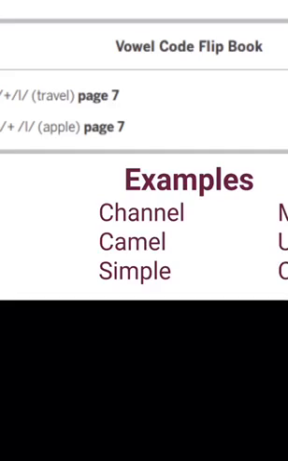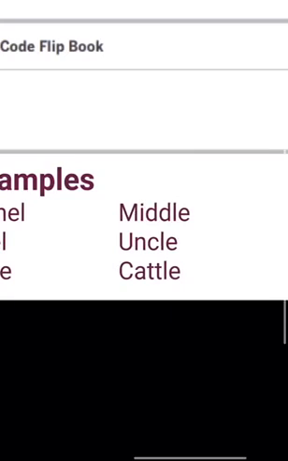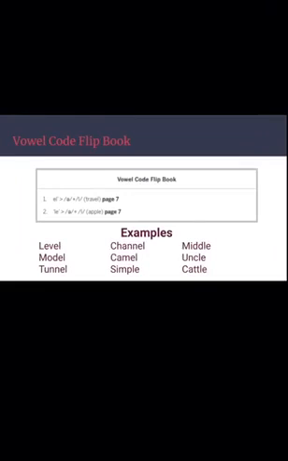And how about in simple? We have that LE making that ul sound. Okay, our next column. Let's read our words together. Ready? Middle, uncle, cattle. What 2 letters are making that ul sound? That's right, L and E. Very good. All right, let's go on to our next slide.